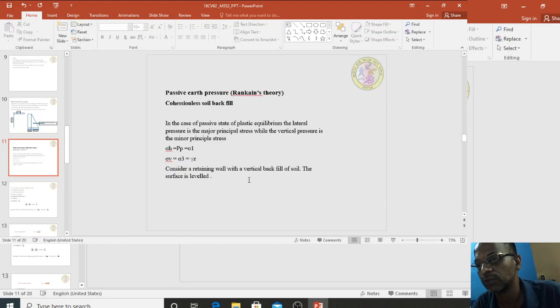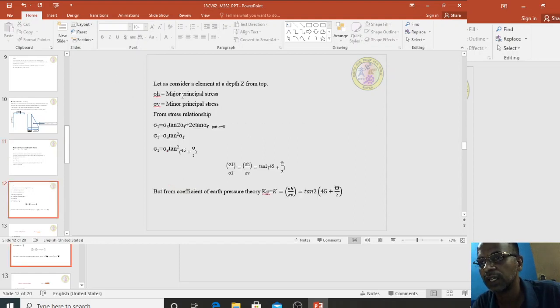So substitute the values in this equation. Let us consider an element at a depth z from the top. Sigma h is the major principal stress, sigma 3 is the minor principal stress. From this stress relationship, we know that sigma 1 is equal to sigma 3 tan square alpha f plus 2c tan alpha f, and if you rearrange the equation, you will get Kp.